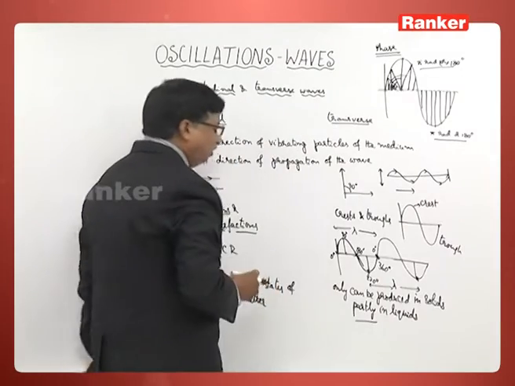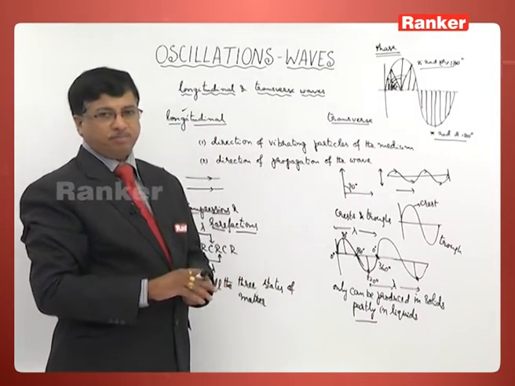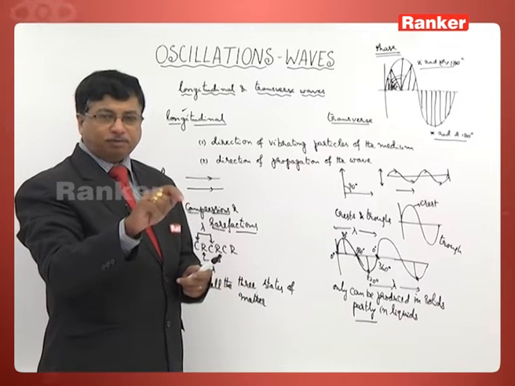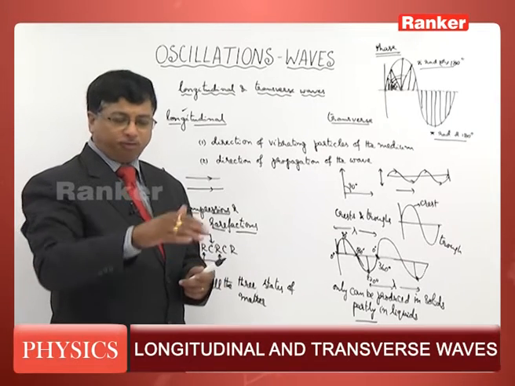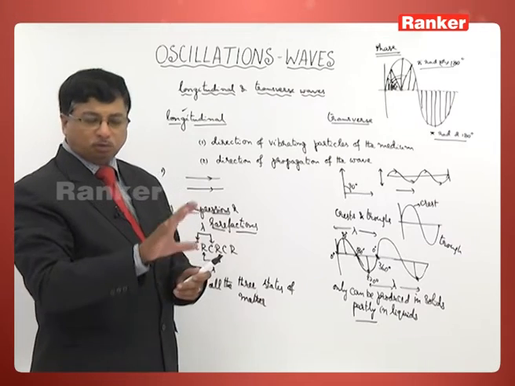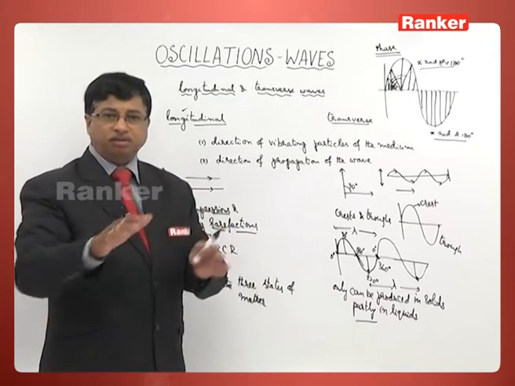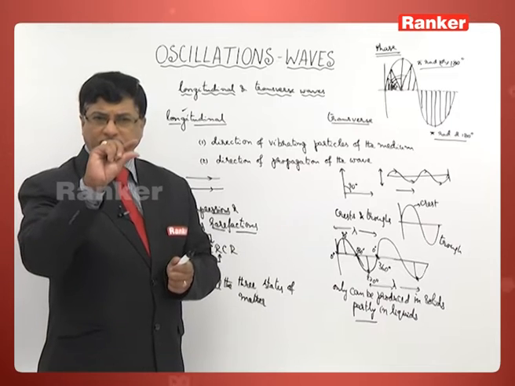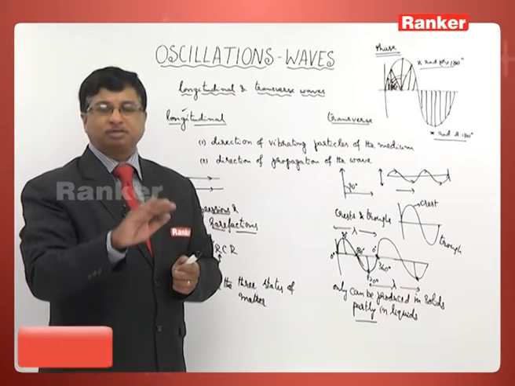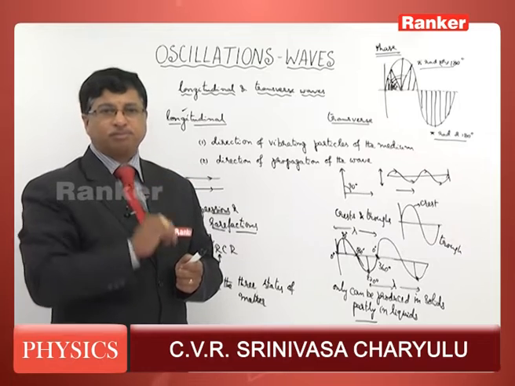Why are we using this word partly? For example, when you take a bucket full of water and tap the surface of the water, you find a few ripples which are formed there, no doubt. But you cannot find the entire water column producing the ripples. Only a few layers of water will produce ripples. That means transverse waves are no doubt formed, but only on the surface.